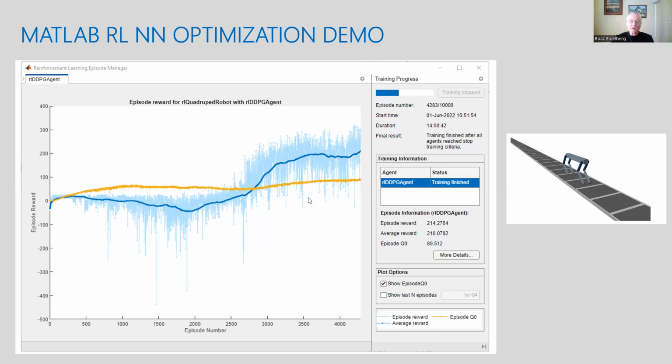So what we see over here is a learning process simulation. We see the total reward, and we see that after each iteration, the system is learning and coming up with a higher reward.